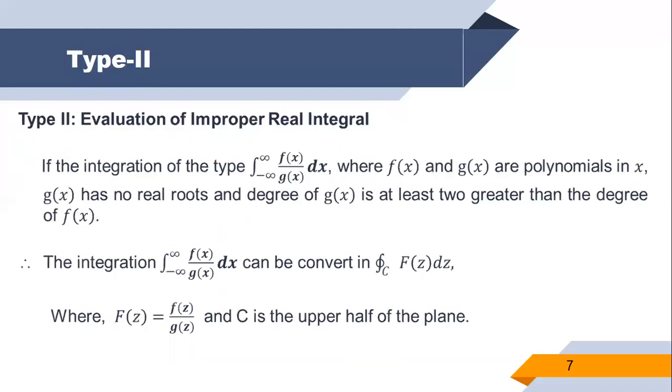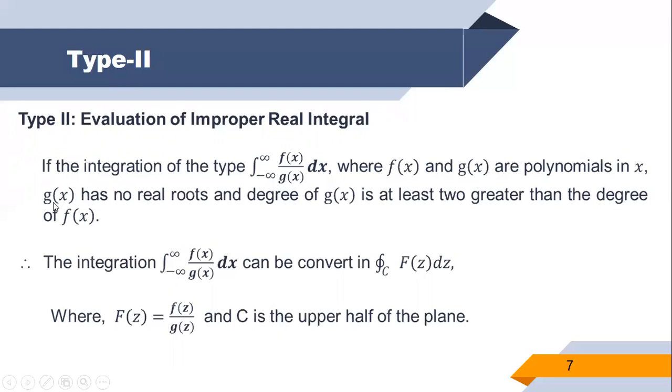Now type 2. Type 2 is based on the improper real integration, whose form is minus infinity to infinity of f(x) by g(x) dx, where some conditions apply. First, f(x) and g(x) are polynomials in x.